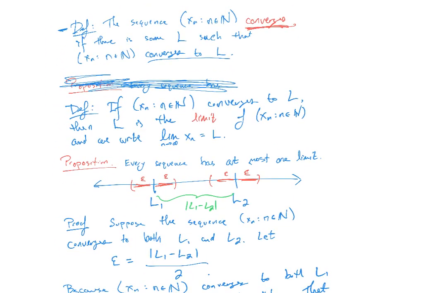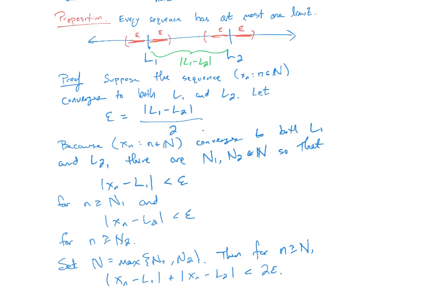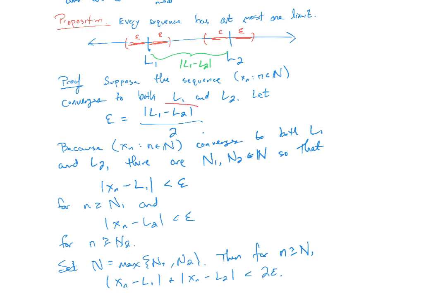In our proof, where we're using that definition, I did not check that epsilon is greater than 0. So what I should do is add a line here. If epsilon is greater than 0, then, because it converges to both L1 and L2, there are capital N1 and capital N2. And you can see that epsilon will be greater than 0 if and only if L1 and L2 are different.